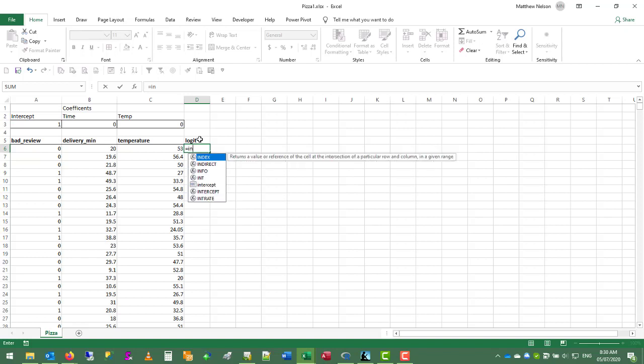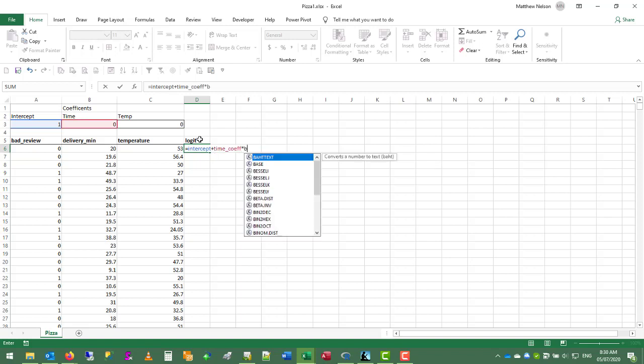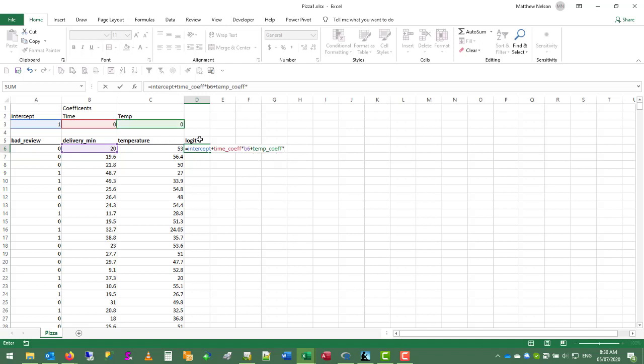So our output is the intercept plus the time coefficient times B6 plus the temperature coefficient times C6. So to start out, the logit is going to be 1.